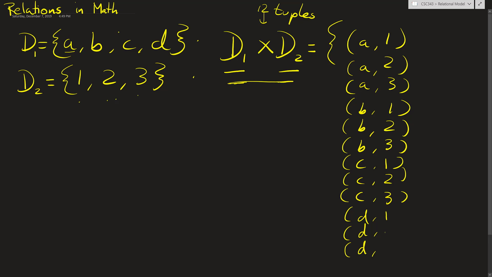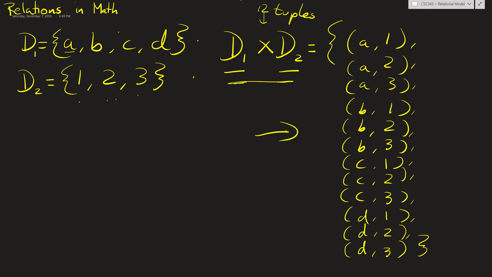For D, we can have 1, 2, or 3. So these are all the elements that we can have in our set. Okay, so that enumerates all the elements in our set D1 cross D2. This is the Cartesian product.